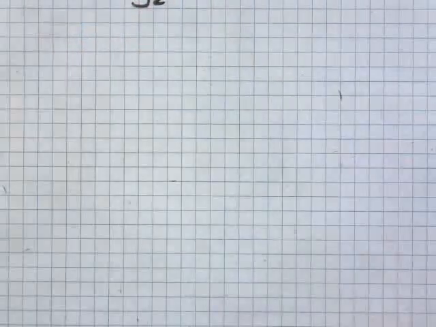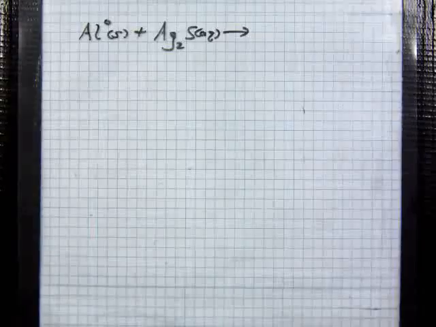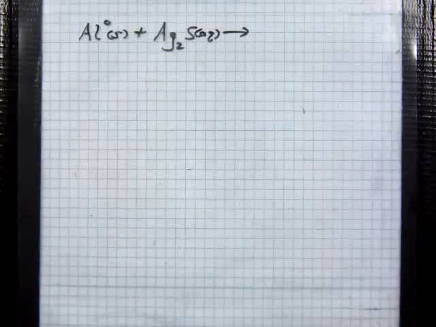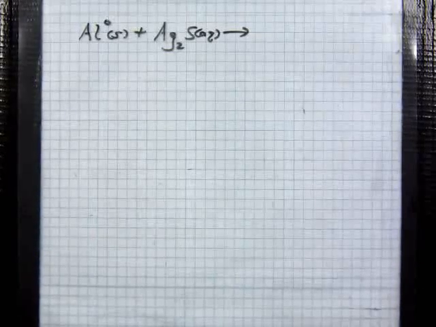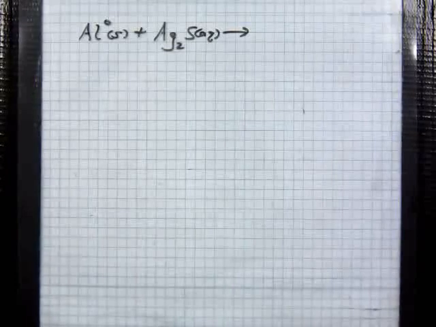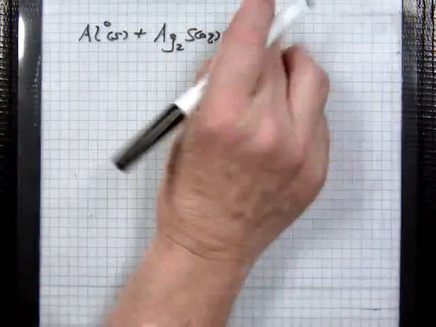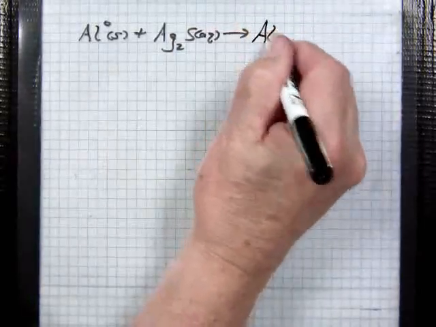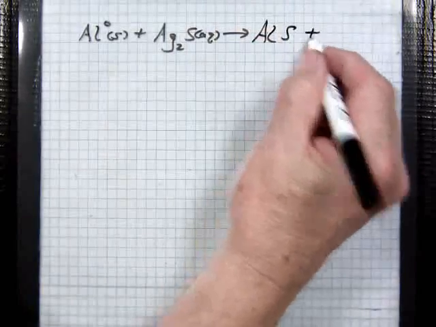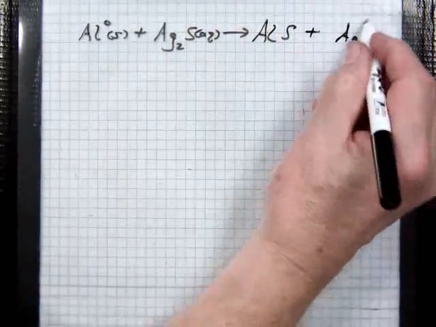So what's the outcome? The aluminum is going to replace the silver. We just saw the activity series, so we'll go to an aluminum sulfide, and the silver will come out in its standard state.